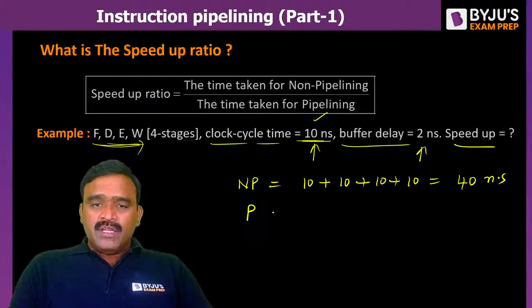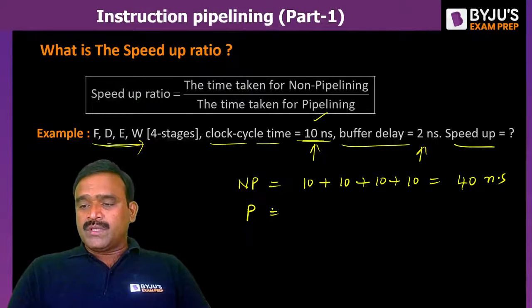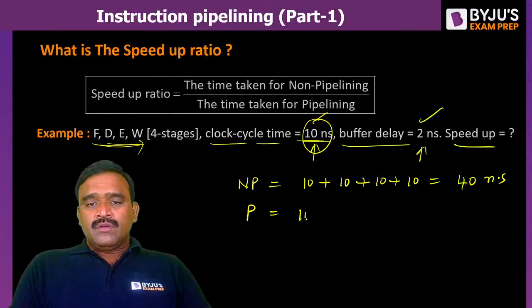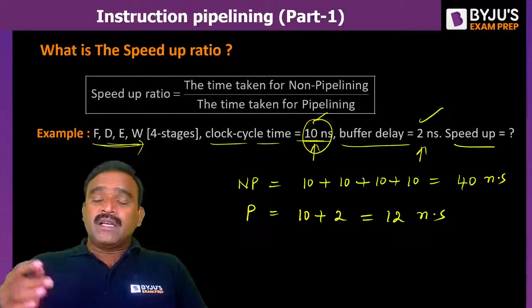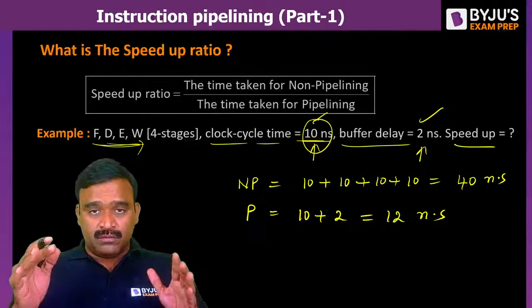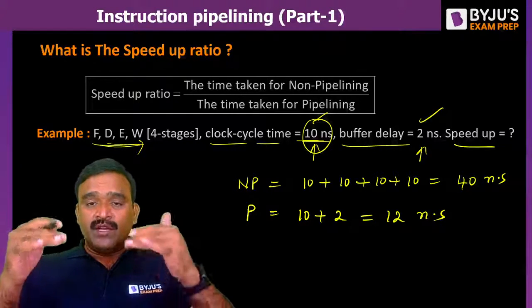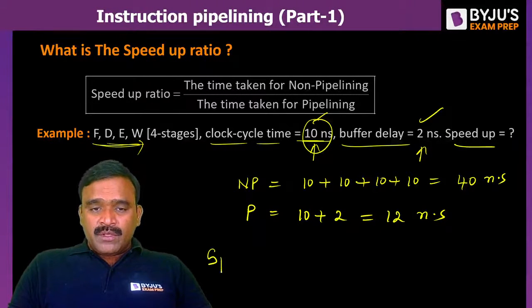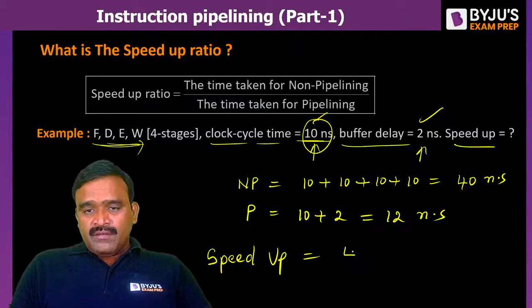Under pipelining, P means pipelining, I'm just using the short form. In pipelining, all stages get overlapped, so only one cycle is sufficient, and we have to include the buffer delay. So it's 10 plus 2, that is 12 nanoseconds. Now usually for a 4 stage pipeline in ideal conditions, the speed up should be 4 for 100% efficiency, 40 by 10, but the 2 nanosecond buffer delay is included. So the speed up is 40 divided by 12.